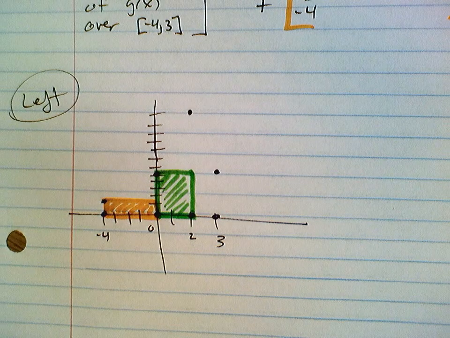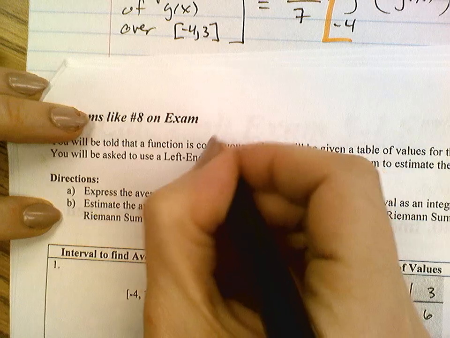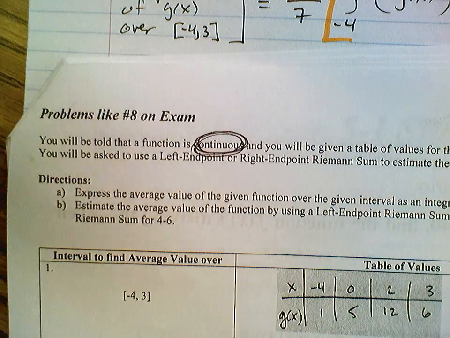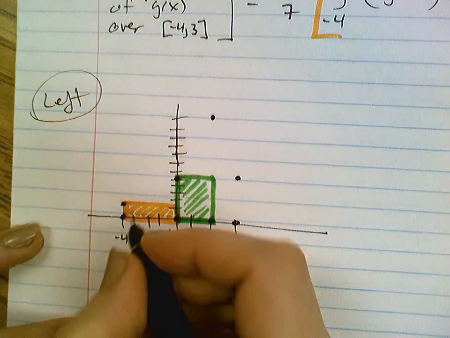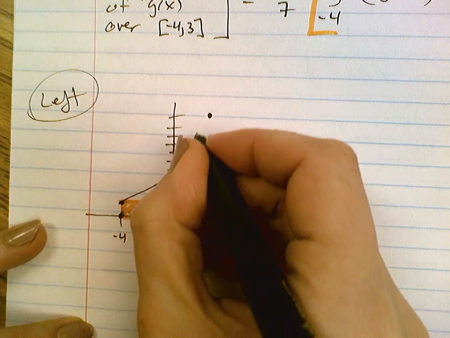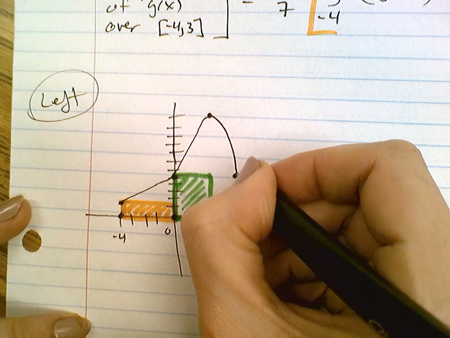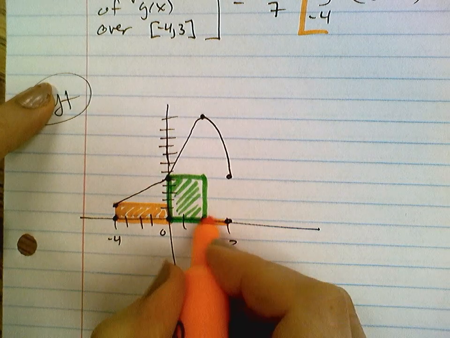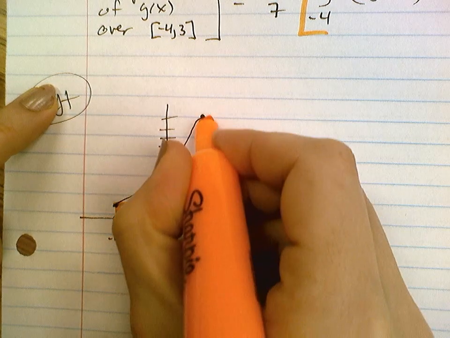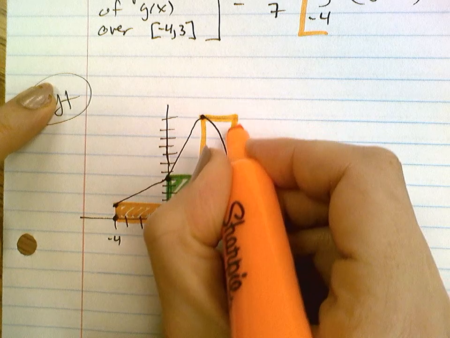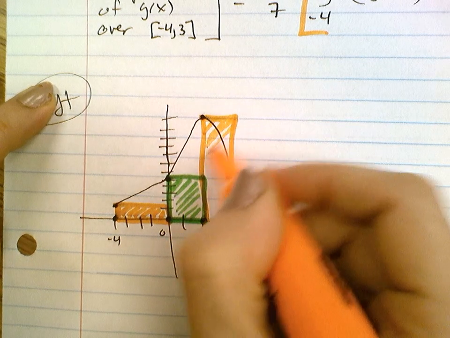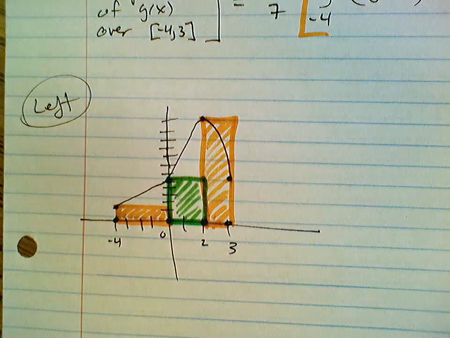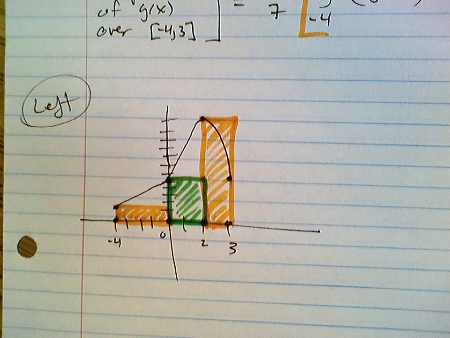Oh, shoot, what am I doing? It's continuous. I basically just crossed that off. But continuous means that we can connect like that. Then the third one, base, height, completed. It's not the best estimation, but it's okay.